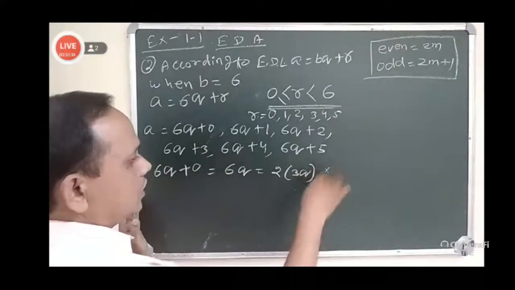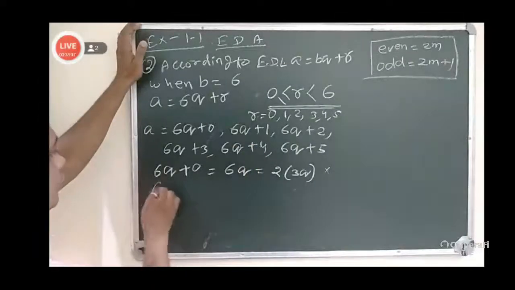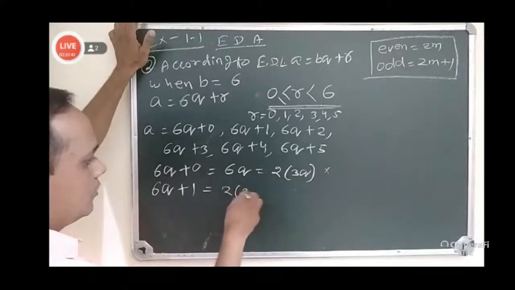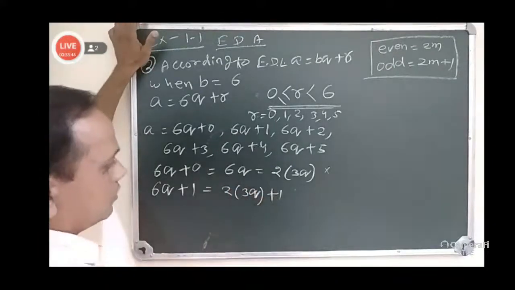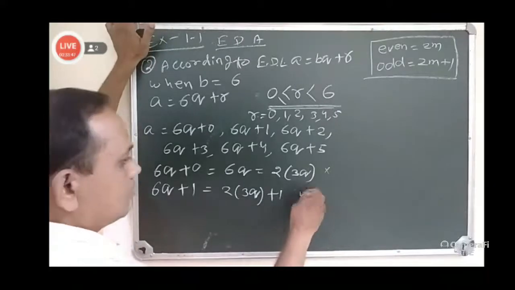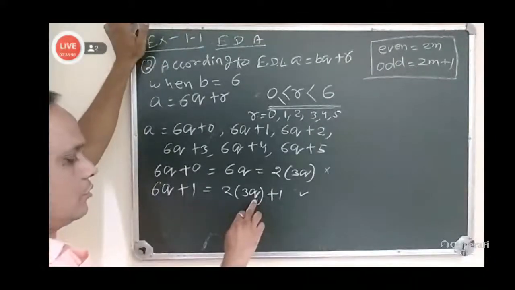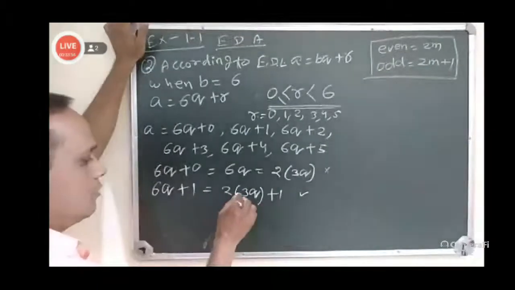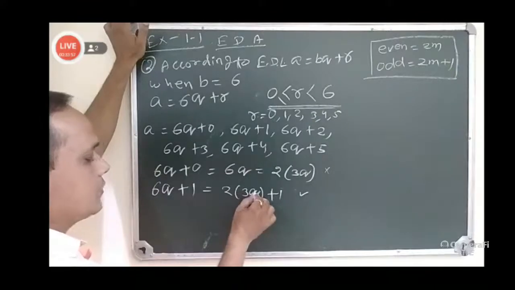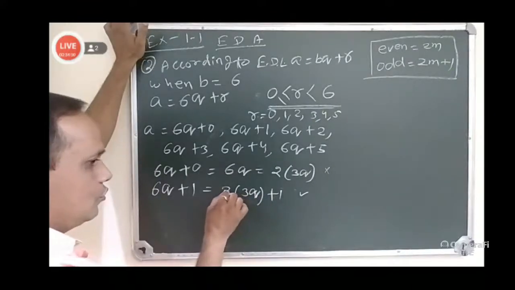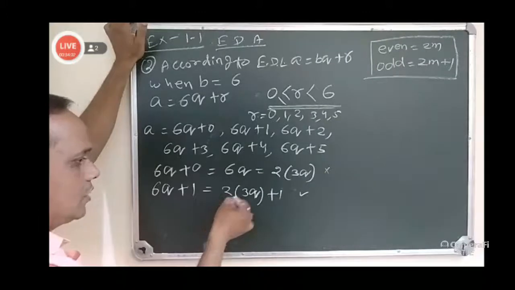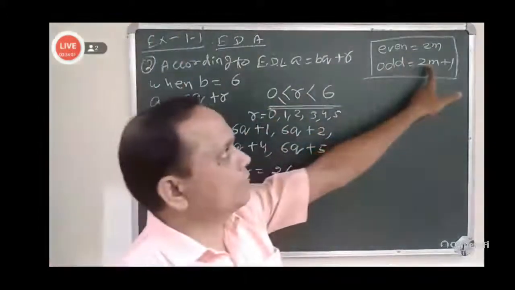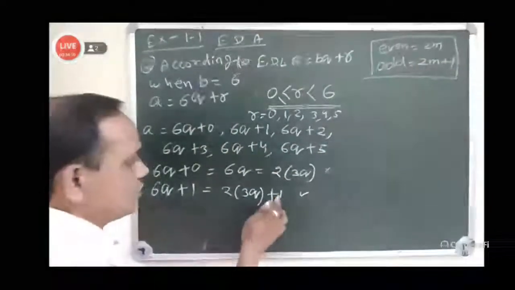So the first outcome, 6Q plus 0, equals 6Q, which is an even number, so we cannot count it as odd. Another is 6Q plus 1, the second outcome, equals 2 into 3Q plus 1, which is of the form 2m plus 1, an odd number. Whatever the value of Q, it is odd, because 3Q multiplied by 2 is even, and even plus 1 is odd.